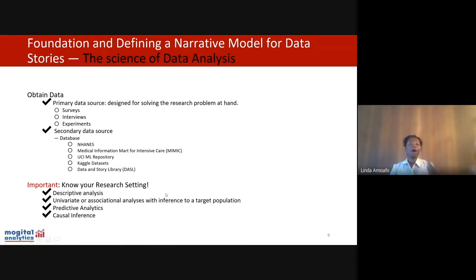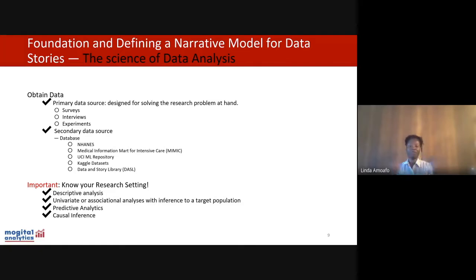So how do we obtain data? There are two ways that we could obtain data. We could obtain it from a primary data source or a secondary data source. The primary data source is first-hand data gathered by the researcher himself, and it is mostly designed for solving the research problem at hand.